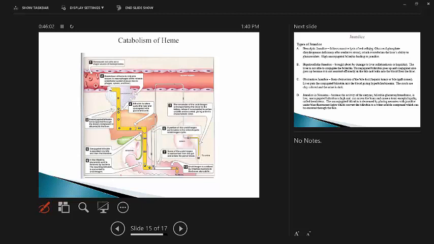So if you don't remember what the RES is, here it's listed right here: tissue macrophages, spleen, and liver, okay? And so what happens is that this is forming, and then this ends up becoming bilirubin, okay? And this is the GI tract, okay? And then the bilirubin is in the blood, okay? And where it's a B, it's straight bilirubin.